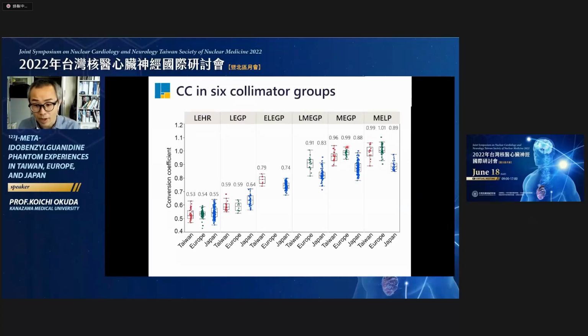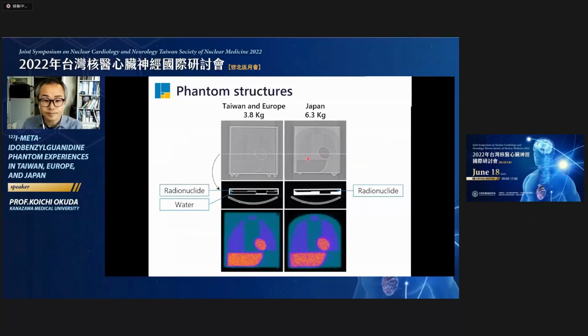How can we explain these results? Actually, there are 2 calibration phantoms: the conventional type for the Japanese study and the lightweight type for Taiwanese and European studies. The weights are 3.8 kg for lightweight type and 6.3 kg for conventional type.